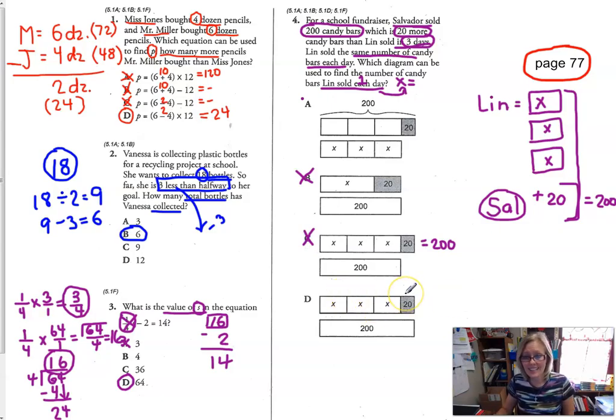This looks like Sal again. And he has to equal 200. And looking pretty good. And this whole entire strip equals 200. But if this is Sal, this would have to be Lynn. Or if this is Lynn, she never had a plus 20 on hers.